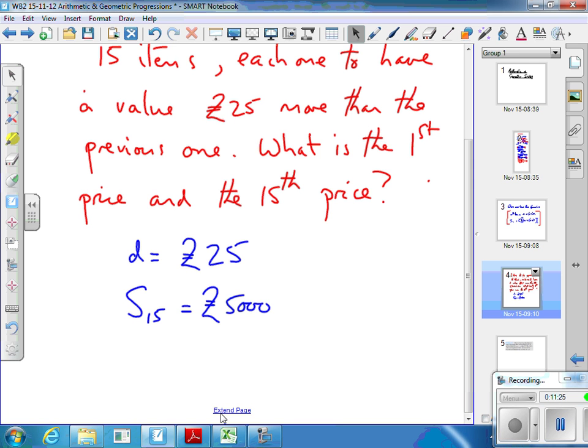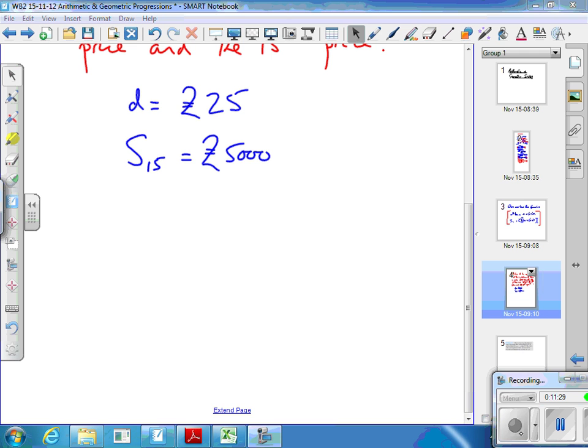Okay, where do we go from there then? Which formula is going to be useful? So right, this formula is going to be the useful one.